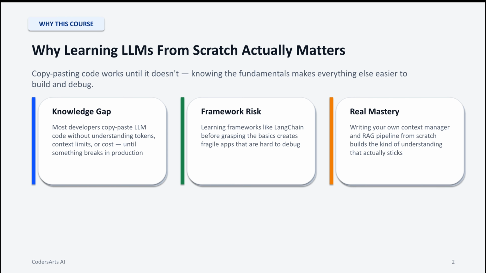That is the knowledge gap this course solves. Instead of relying on frameworks like LangChain from the beginning, we focus on understanding the fundamentals first. When you build your own context manager and RAG pipeline from scratch, you develop the kind of deep understanding that makes debugging and scaling AI systems much easier.